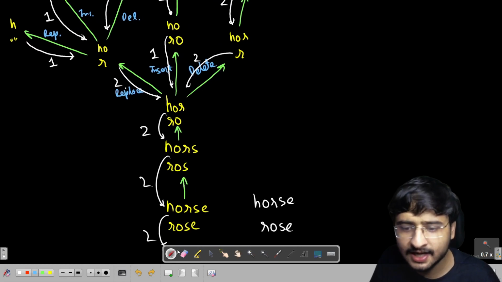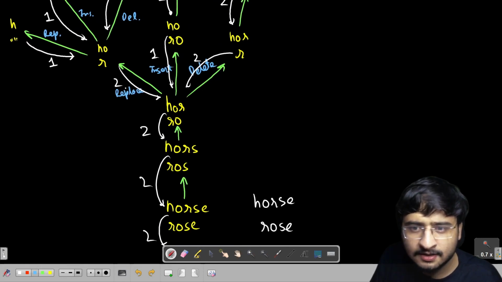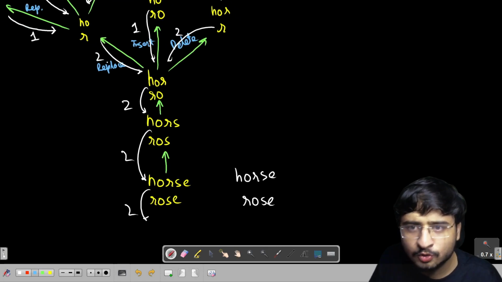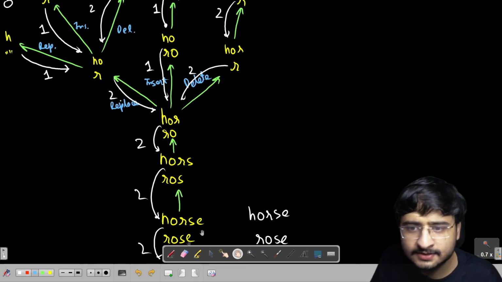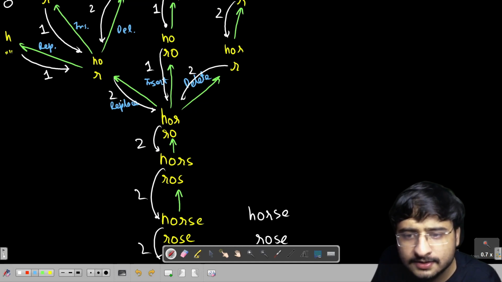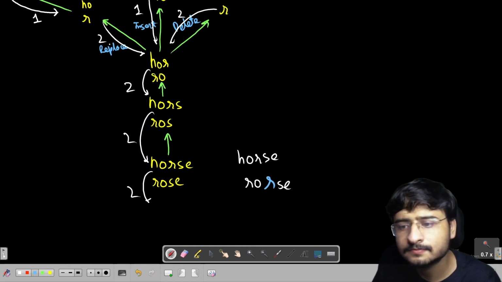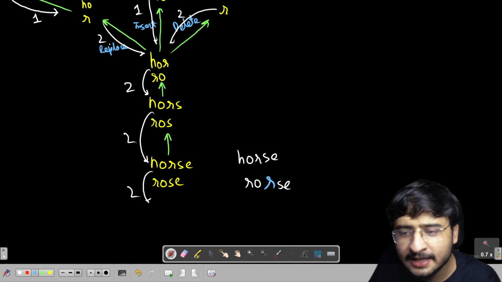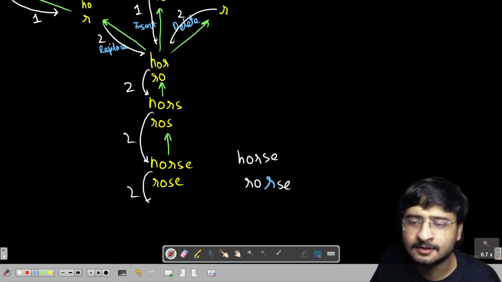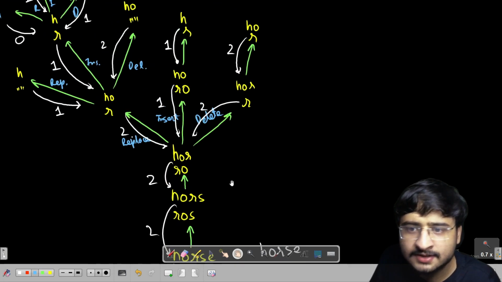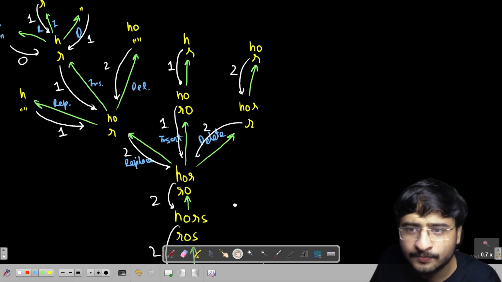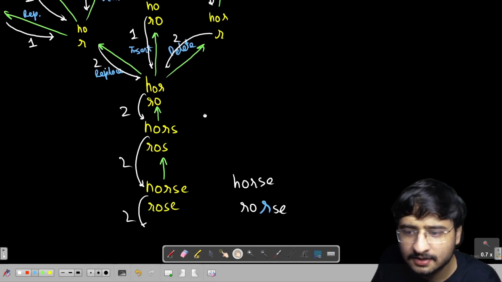Okay, in the first step, let's say I'm doing an insert operation, right? So I'm doing an insert operation. Basically what I'm doing here, let's analyze this very closely. I'm inserting an R inside this. If I insert an R inside this, H and R are remaining.